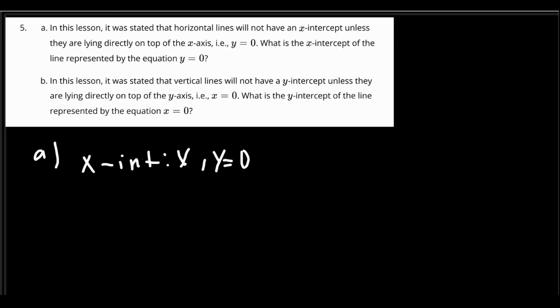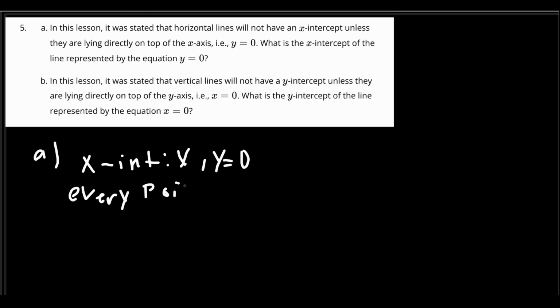But in this question, it's asking us what the x-intercept of the whole line that is y equals 0 is. And since we know the definition of the x-intercept, the answer is just every point on the line.